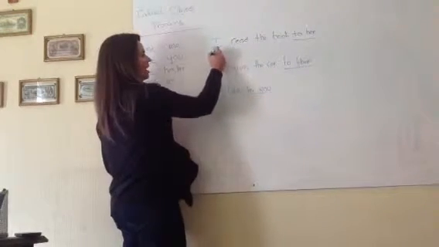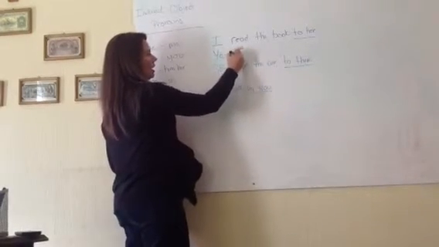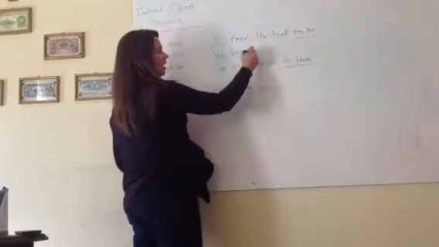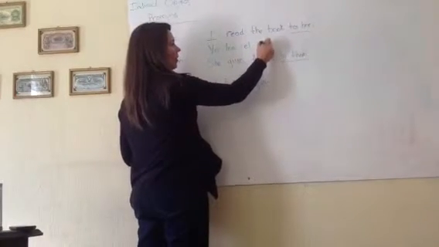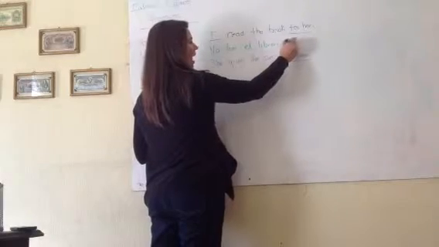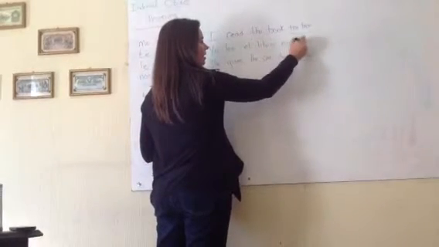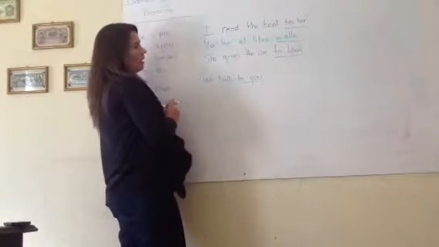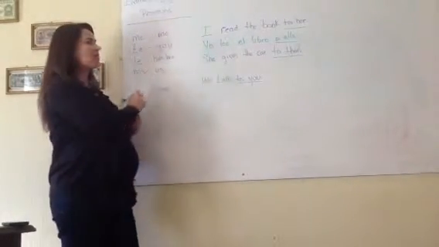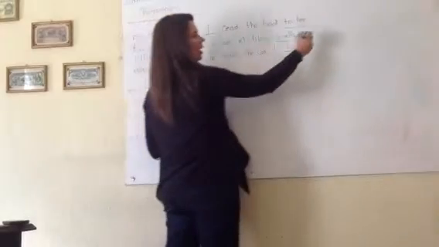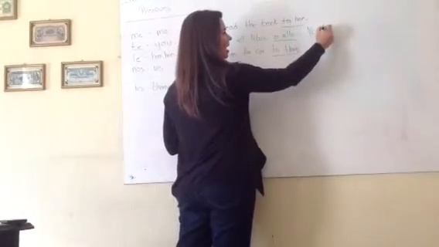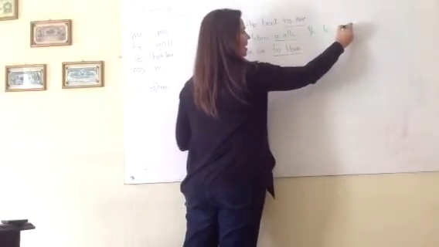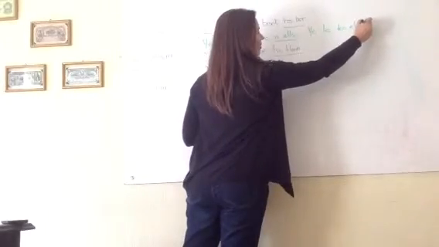I could say, yo leo, I read, el libro, the book, a ella, to her. But if I wanted to use the indirect object pronoun, I would have to rewrite it and say, yo le leo el libro.